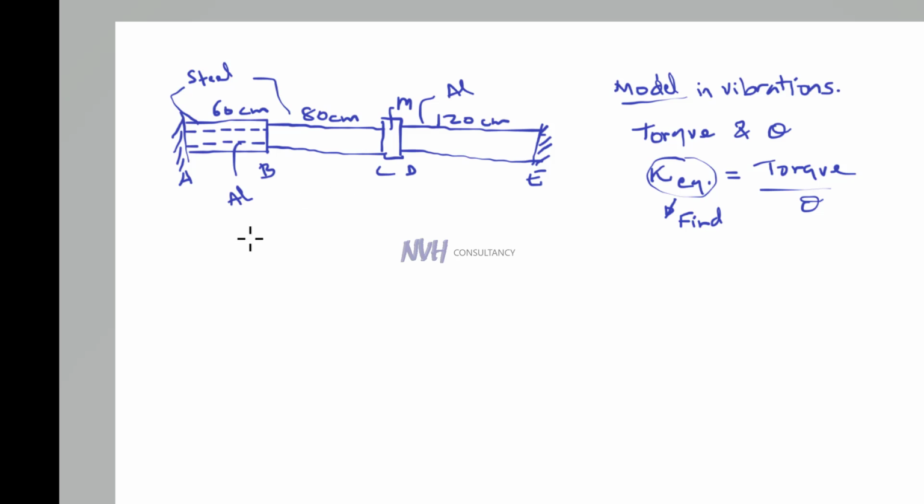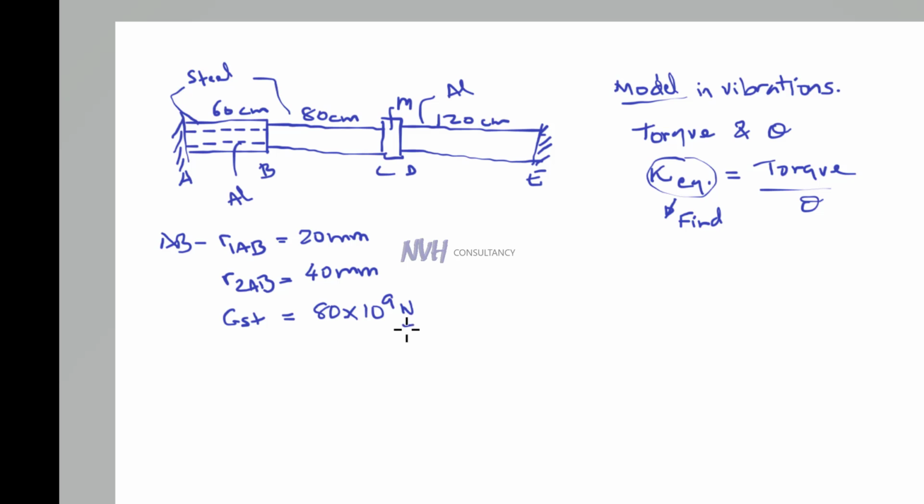So let's start with section AB. For section AB, what is given is the radius RAB, the inside aluminium core, which is about 20 millimeters. Then the radius outside is given as 40 millimeters. Then the material properties: G of steel is given as 80 gigapascal, or 80 times 10 to the power 9 Newton per meter square.